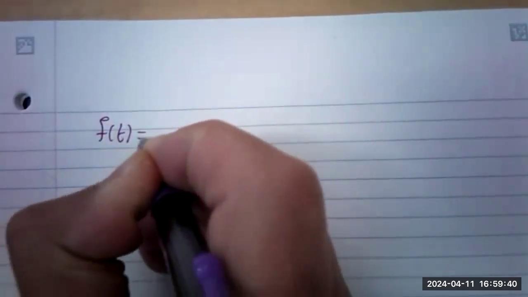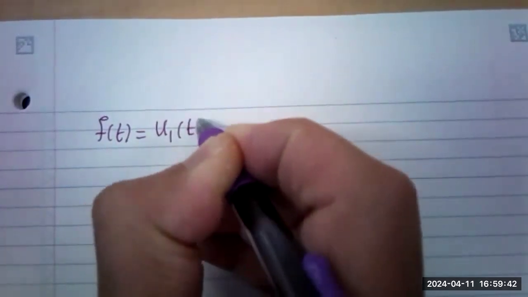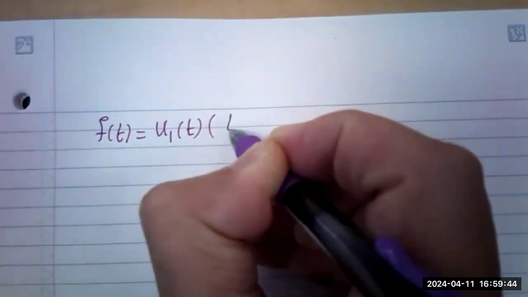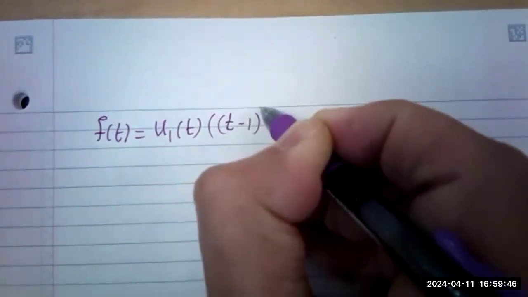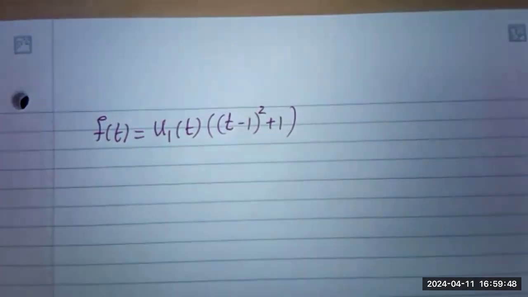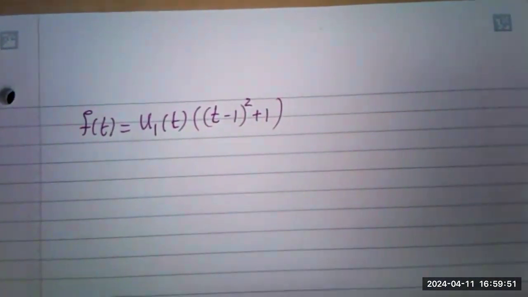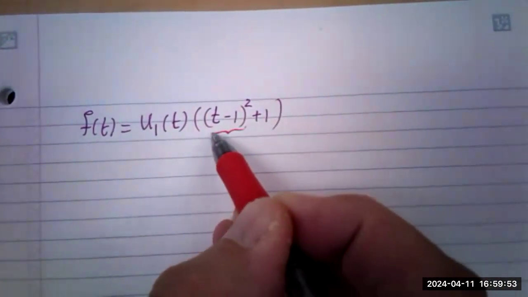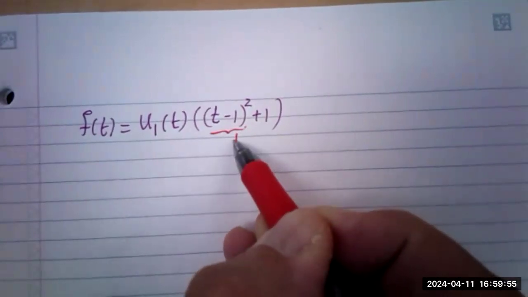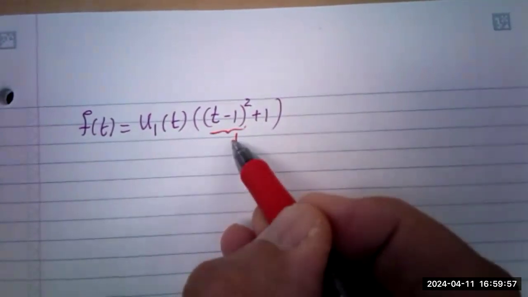Any question? So I rewrite it so that you know that you have the format of the theorem. So we change it to the nice u1(t) times what? Times t minus 1 squared plus 1. You imagine that this is t if you like, or this is z. You call it z or t.